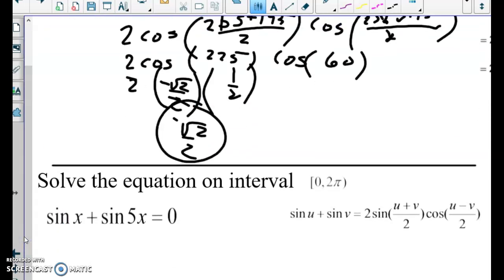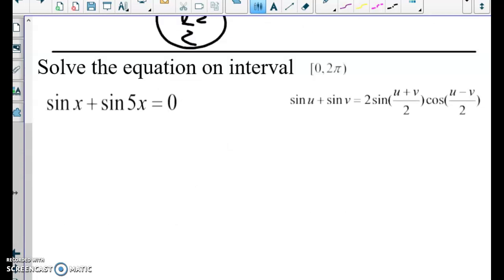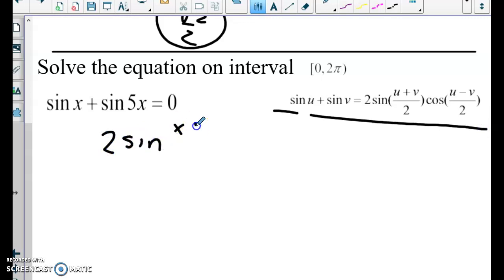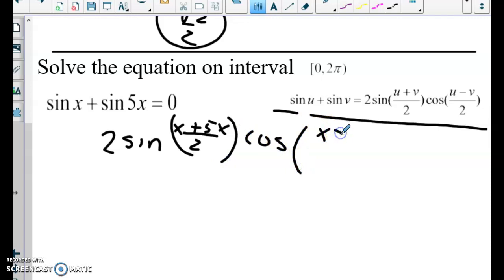And let's go down to this equation. We want to solve the equation, and we have a sine plus a sine, so I'm going to use this formula over here. I plug in, and I get 2 sine of (x plus 5x) divided by 2 times cosine of (x minus 5x) over 2.